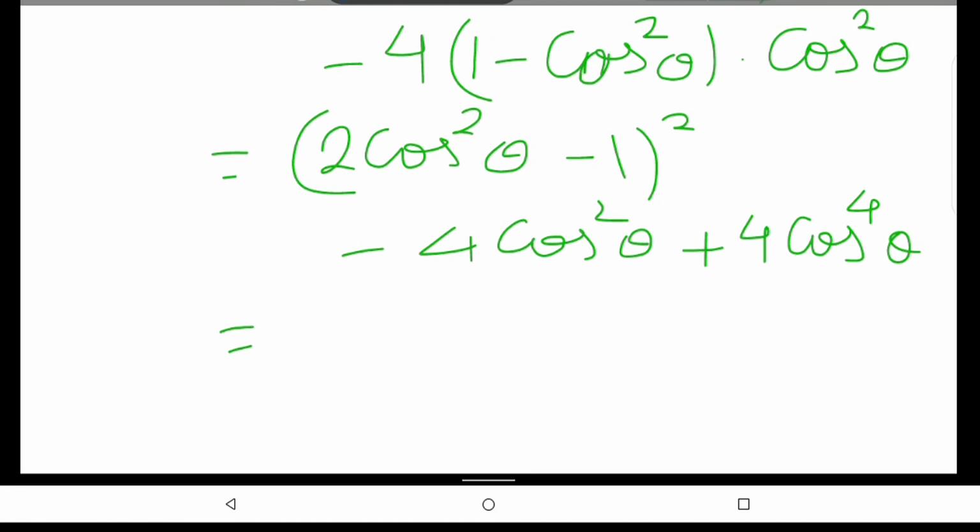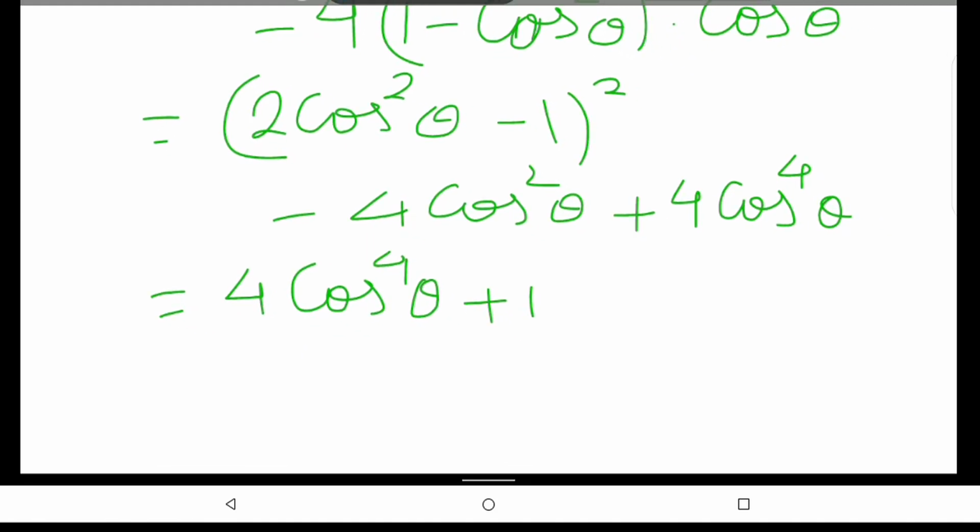Again, we can apply a plus b whole thing square, where a is 2 cos square theta and b is minus 1, to have 4 cos to the power 4 theta, that is your a square, plus b square minus 1 whole square is 1, plus 2ab.